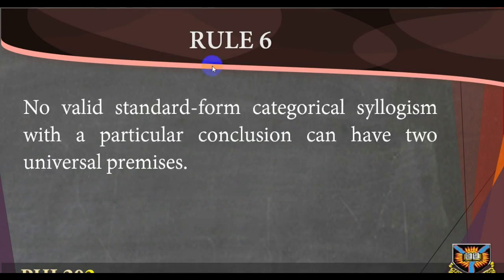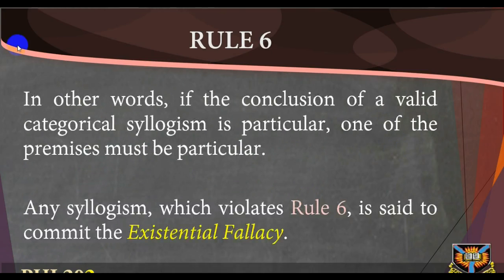Rule 6. No valid standard form categorical syllogism with a particular conclusion can have two universal premises. In other words, if the conclusion of a valid categorical syllogism is particular, one of the premises must be particular.